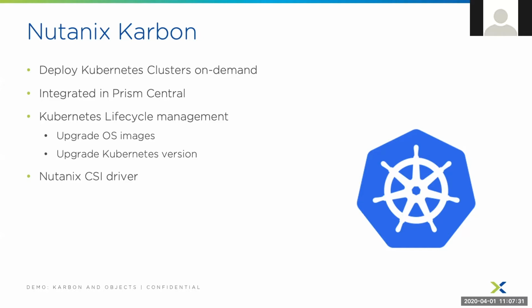Deploying a Kubernetes cluster initially is fairly easy with a bit of Linux background, but keeping it up to date and making sure that it can be upgraded and that the security patches are applied is a bit more tricky. So that's why Nutanix Karbon helps the customers a lot, because you upgrade your OS images and you can also upgrade your Kubernetes version itself.